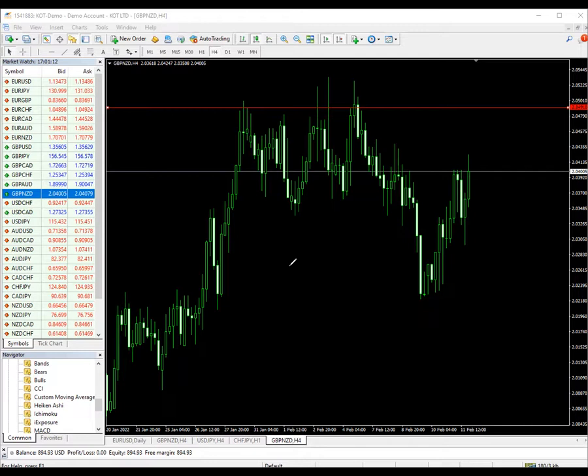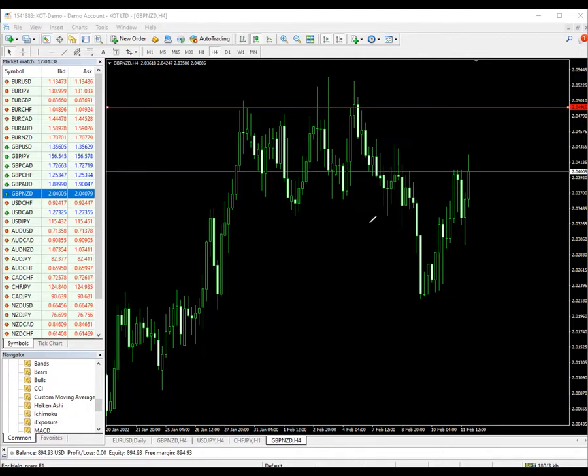Again, other volatile currency pairs include EURNZD, EURAUD and EURCAD. They also move a lot. So these are currency pairs that move.